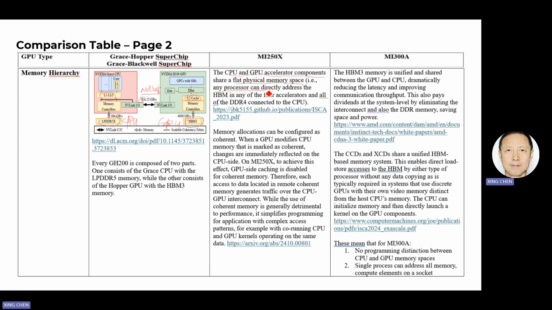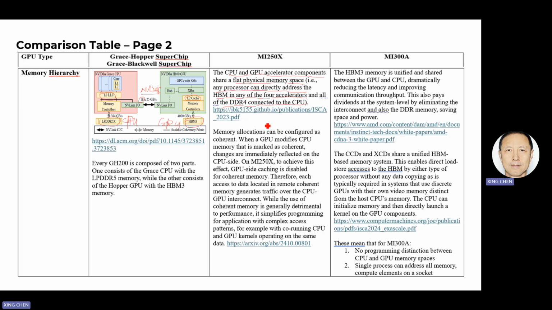Any processor can directly access the HBM in any of the 4 accelerators, and all of the DDR4 connected to the CPU. So with the MI250X, both the GPU and the CPU can access all the memory. The CPU can access the memory of the GPU, and the GPU can access the memory of the CPU, by going through this Infinity Fabric link.